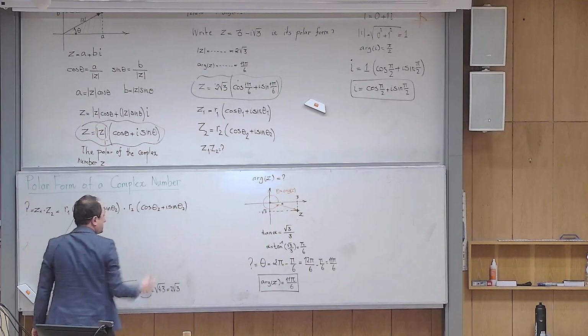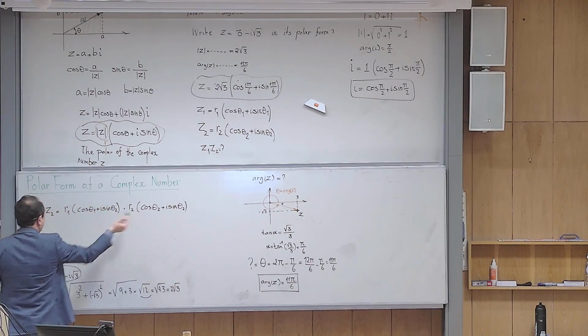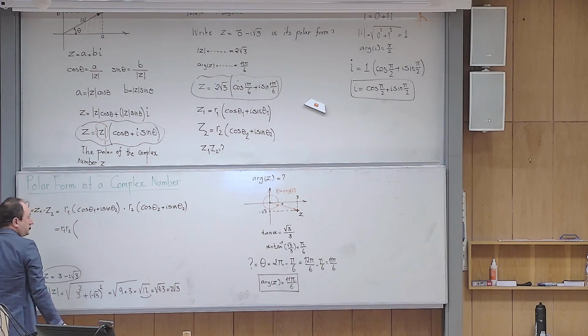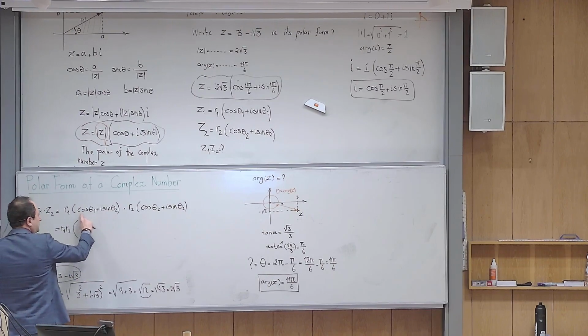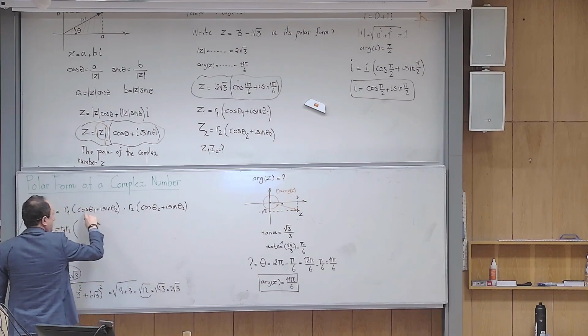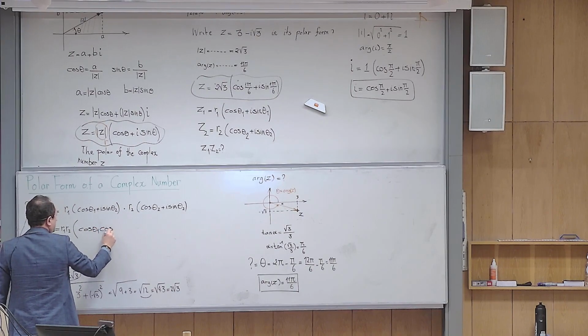And then I start multiplying. Of course, R1 and R2 are just simple numbers, so I just multiply them. But then here it is a little bit lengthy, but we understand it's not hard. I have to take this and then multiply term by term here. So the first one multiplied by the first one gives me cosine theta 1, cosine theta 2.